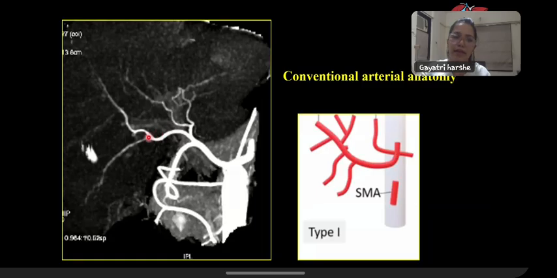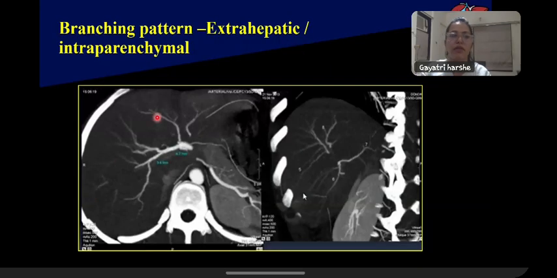So this is the right hepatic artery, where this is the anterior branch and this is the posterior branch. Branching pattern is important. This is mainly in the donor and transplant setting, because here is the extrahepatic branching, and this is the intraparenchymal branching.